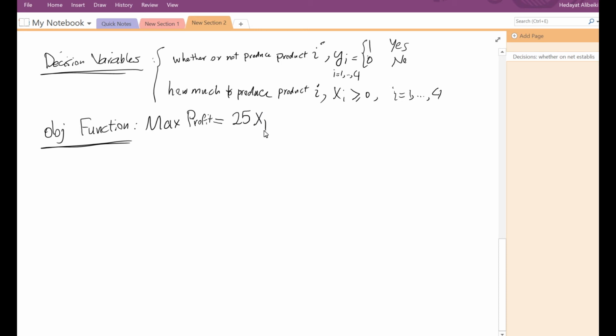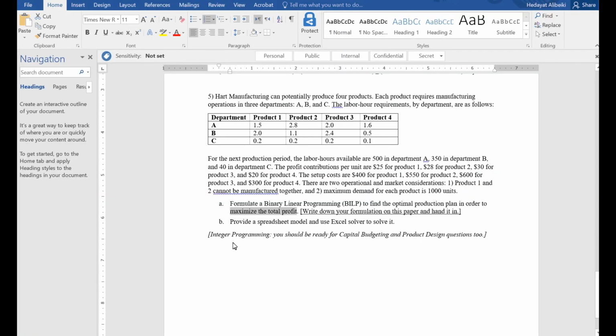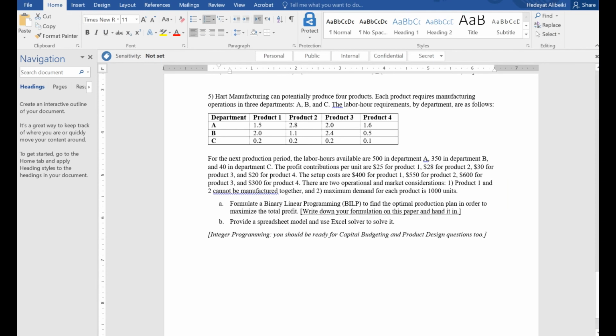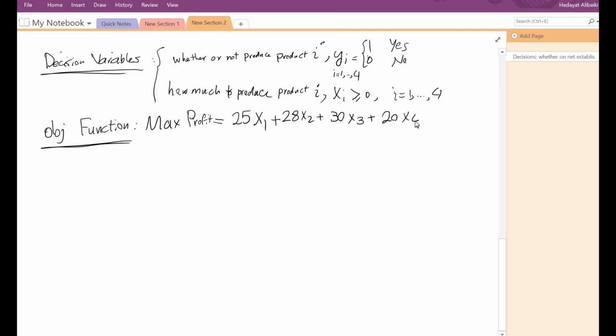But if we produce x1 units, we get 25 times x1 dollars of profit. So it's going to be 25 x1 plus 28 x2 plus 30 x3 plus 20 x4.